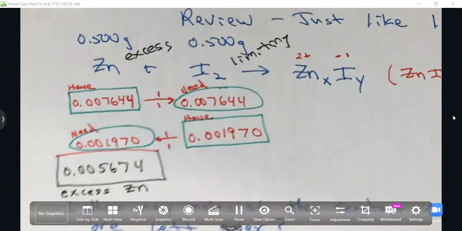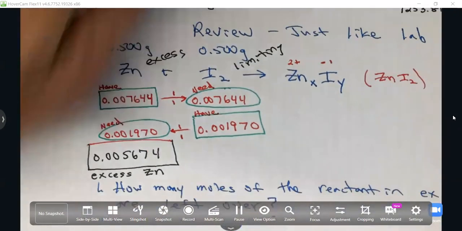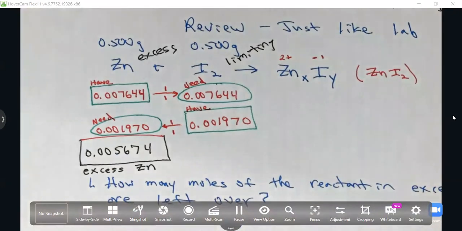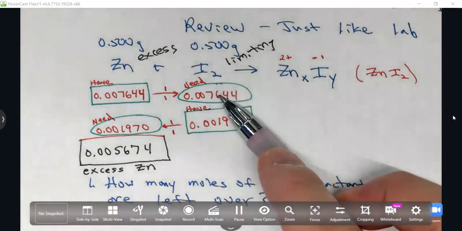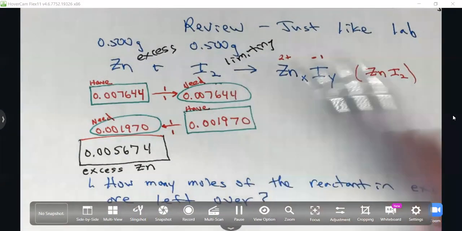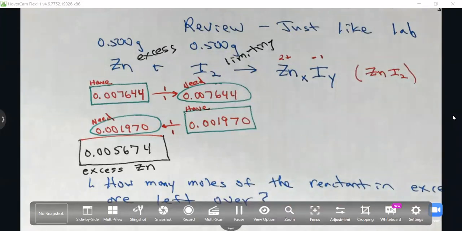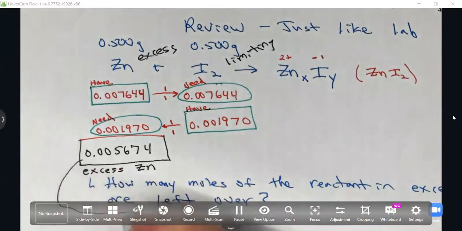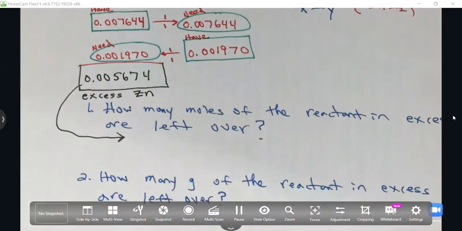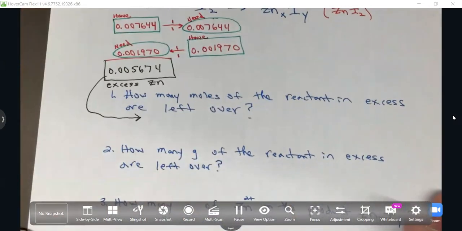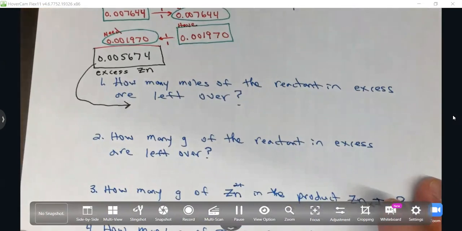And for this lab, you actually keep track of everything. So again, you're going to swirl this around in a flask. It's going to go clear when all the iodine is used up. So it works out pretty slick. So how many moles is right here? How many grams of the reactant in excess are left over?